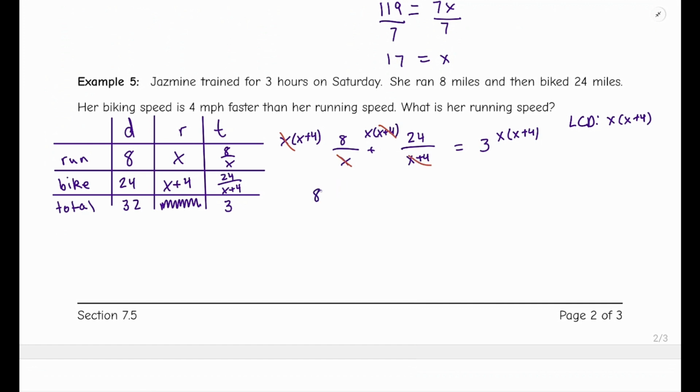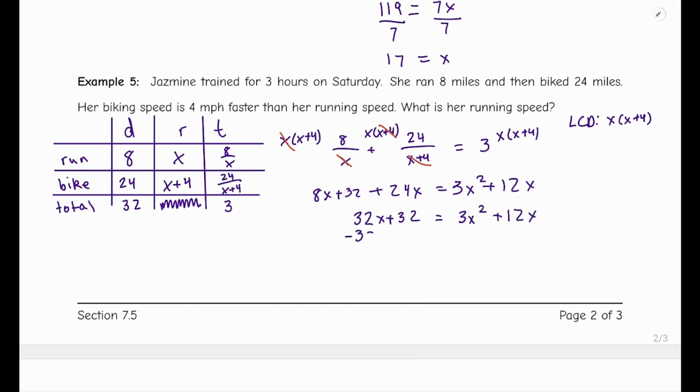So we're left with 8x plus 32 plus 24x equals 3x squared plus 12x. So this is a quadratic equation this time. So I'm going to use the zero product property. So let's combine like terms first. So we get 32x plus 32 equal to 3x squared plus 12x.